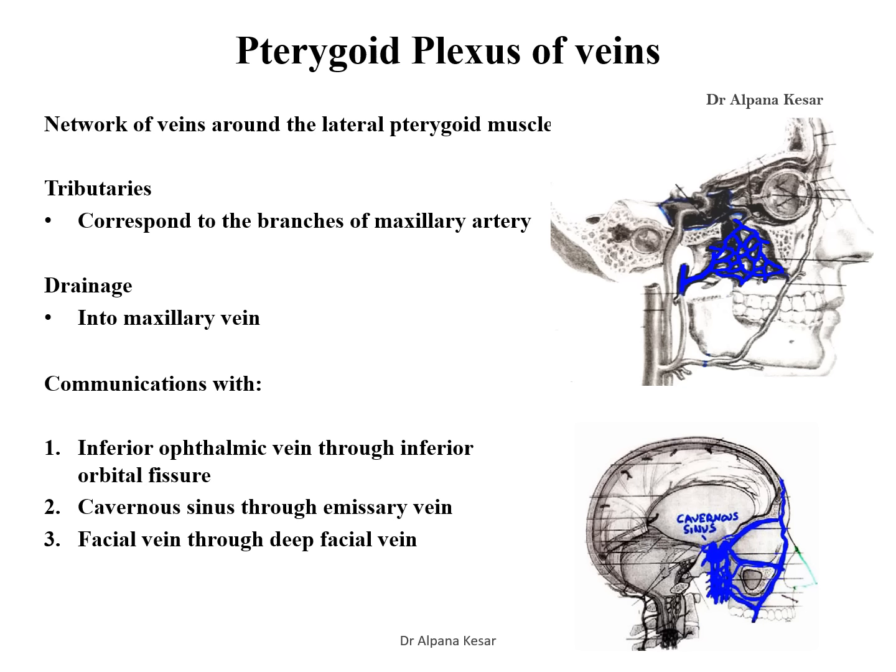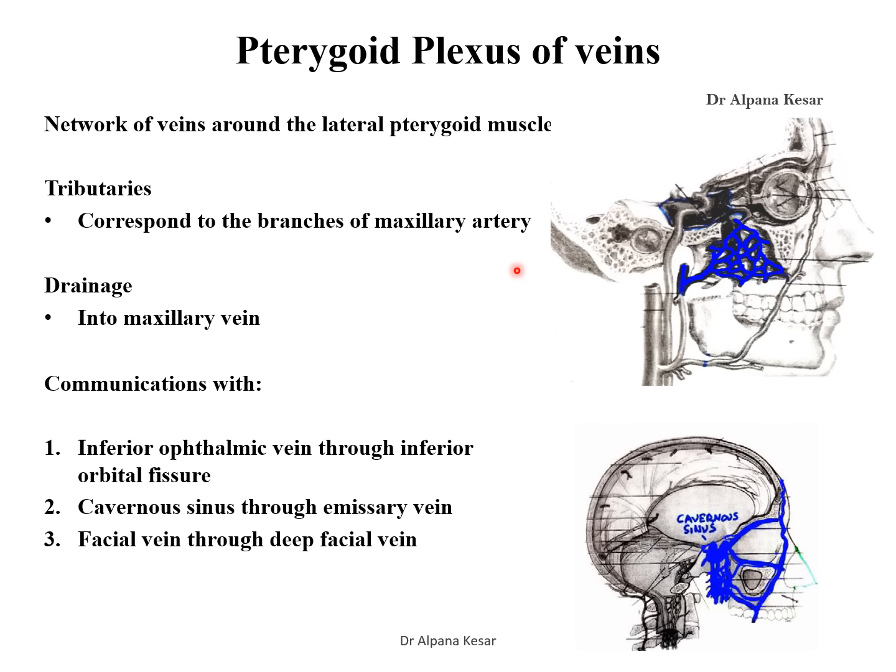Pterygoid plexus of veins is a network of veins present in the infratemporal fossa around the lateral pterygoid muscle. Its tributaries correspond to the branches of maxillary artery.